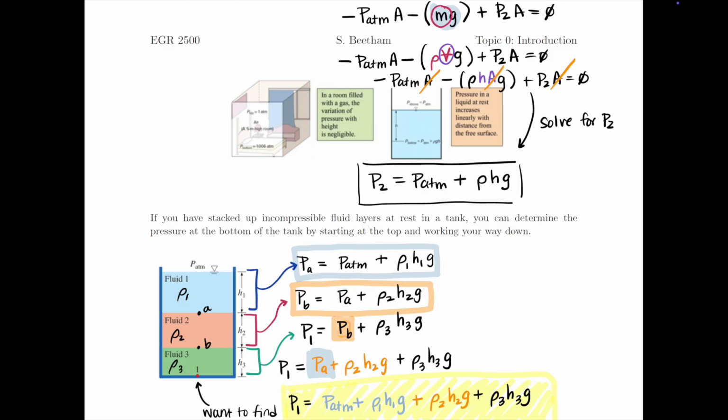I get that P2 is equal to, I'm going to take those first two terms on the left-hand side and add them over to the right-hand side. So I have P atmosphere plus rho Hg, which is the same thing as rho gH, right? So we get back our standard equation for calculating pressure at a location.